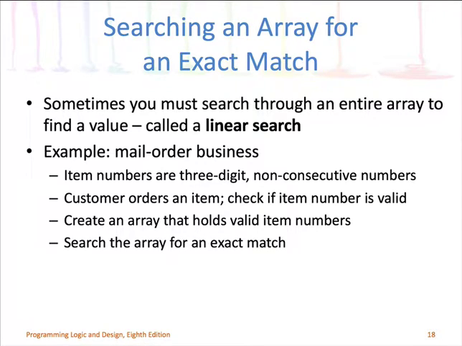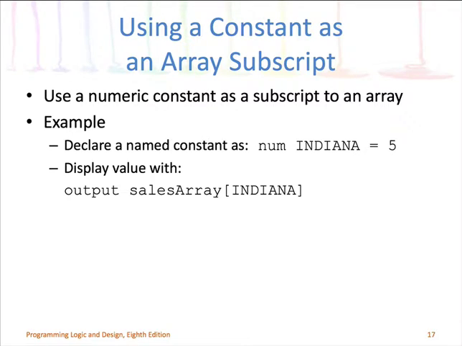Now then, talking about searching an array, which is going through and looking for a particular item. Before, in the previous example, where we said location Indiana, that's a direct access to the array. We go into the array, we go straight to the index 5, which is the 6th element in the array, and we pull out a value.